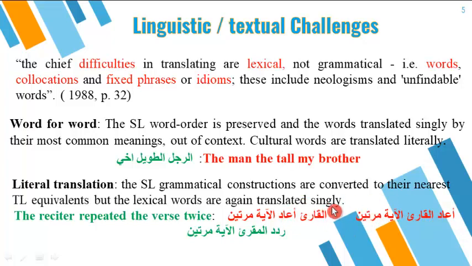These two versions, an Arabic speaking person or competent one may not accept, and may suggest another version of this translation and says ردد المقرئ أو القارئ الآية مرتين. And this represents the functional equivalent that has the same function as the original text.